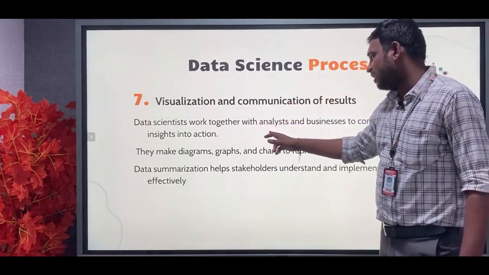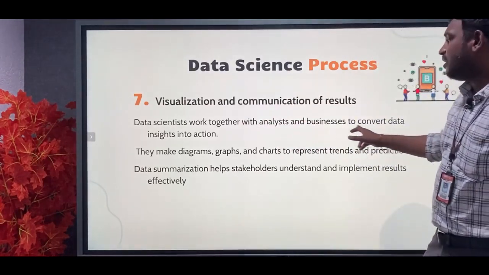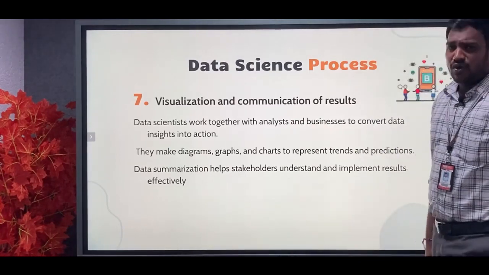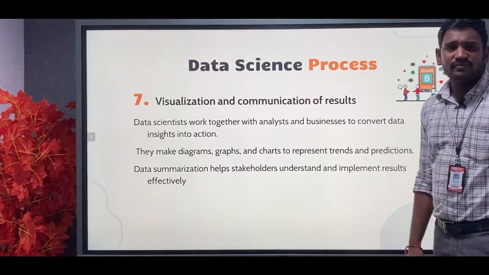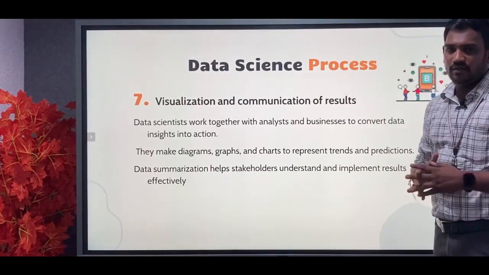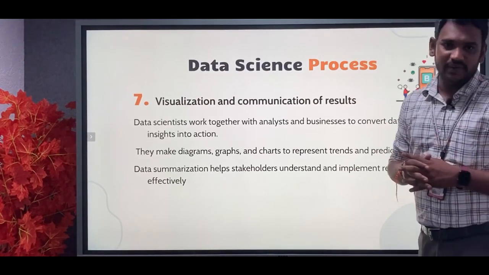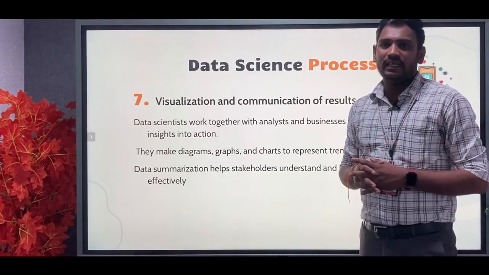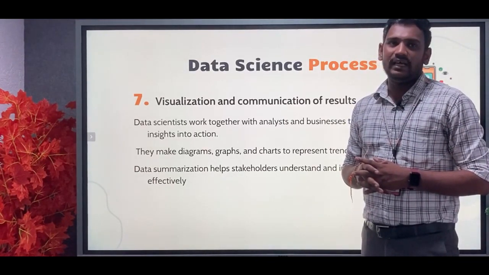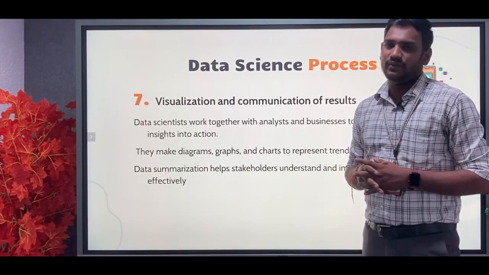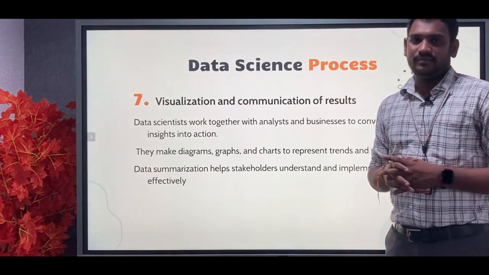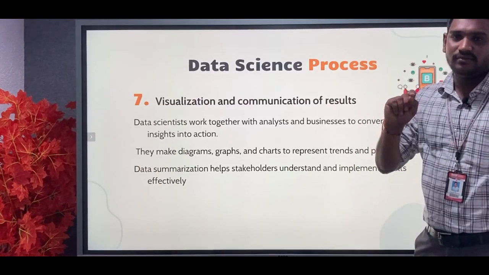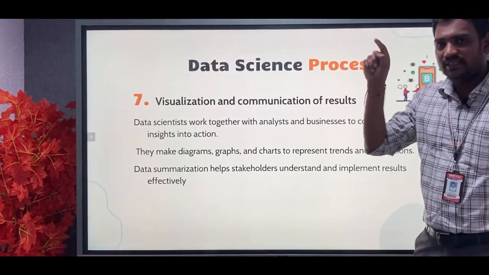Data scientists work together with analysts and business to convert data insight into action. They make diagrams. So how do we visualize our data? I will tell you a small example. I will show you result analysis using a graph. How many students passed in this section? Suppose 70% of students passed.